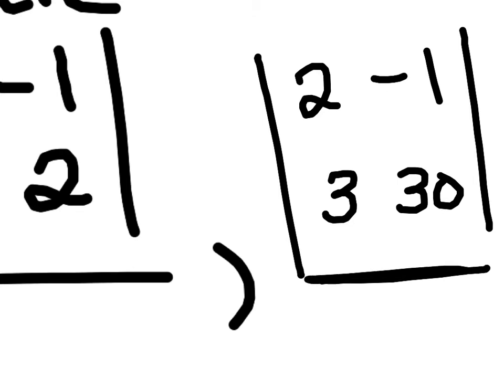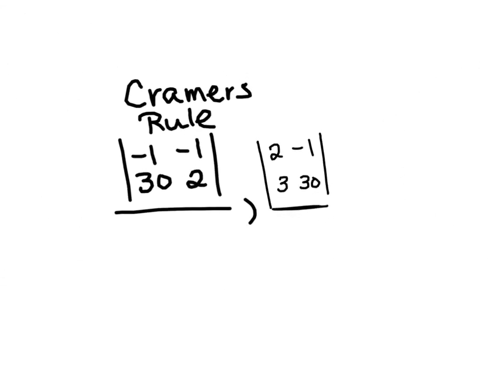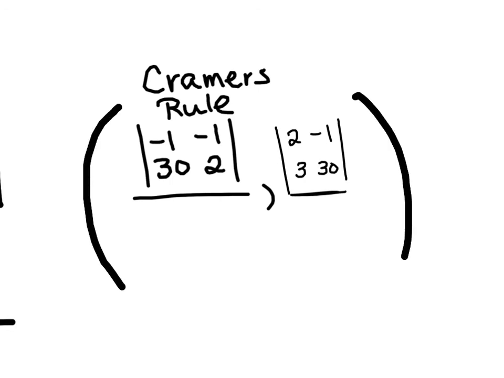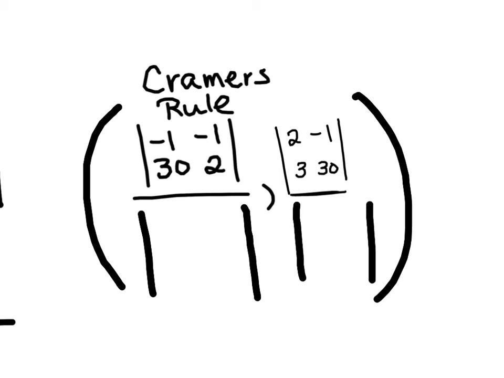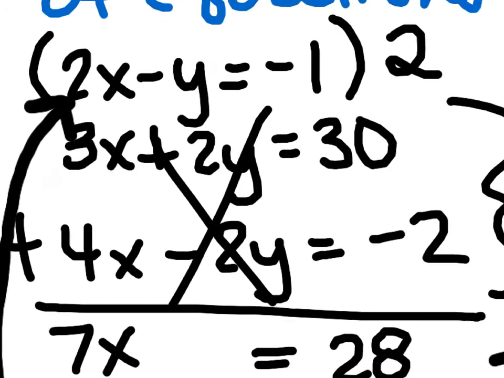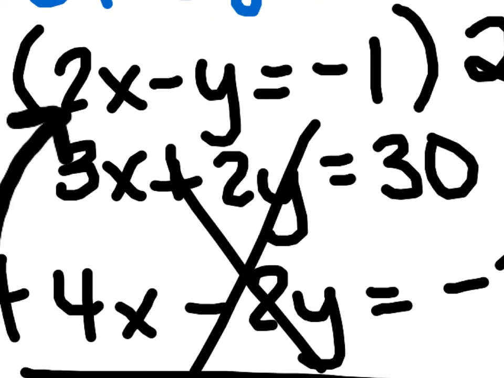Now that gives us the numerator for the x and y. So don't forget we're making x comma y. What I need to have down here is the denominators. Now the denominators are going to be where I ignore the third column. First I ignored the first column, then I ignored the second column. Now I'm going to ignore this third column.